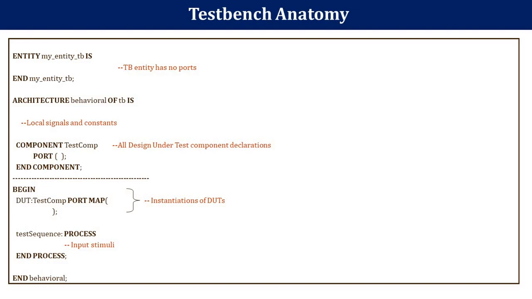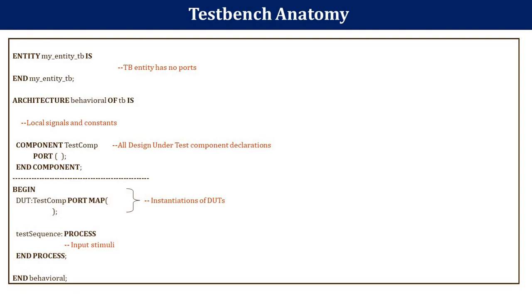After that, the program which you are going to test is declared as a component. All the design under test component declarations are declared as a component here. It is also known as design under test. Hence you have to declare that design as a design under test, and it is declared as a component.